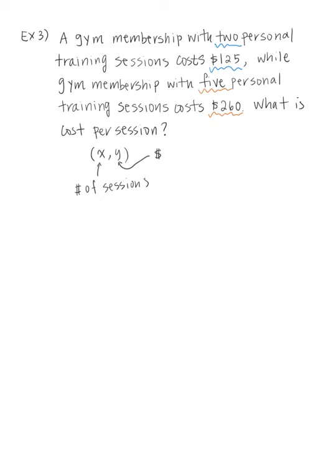For those of you who are more visual, let me draw out the situation and see what's going on. I drew xy coordinates where the x-axis is the number of sessions, 1 session, 2 sessions, and so forth, and our y-axis is how much it's going to cost.